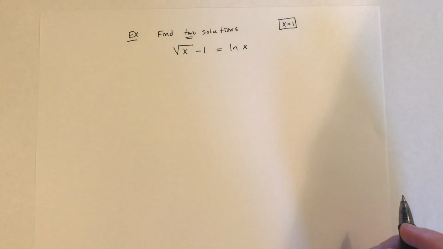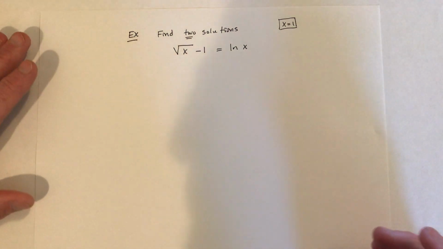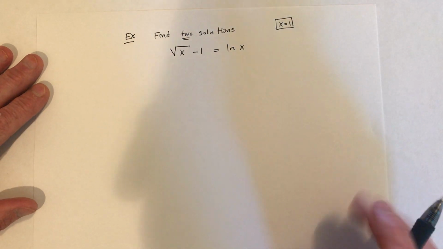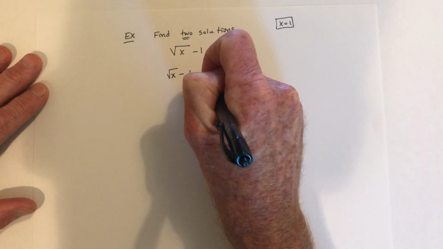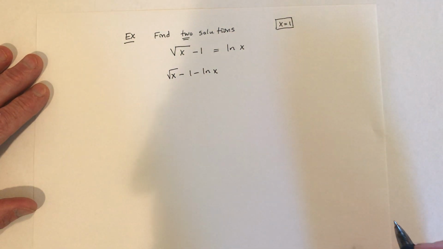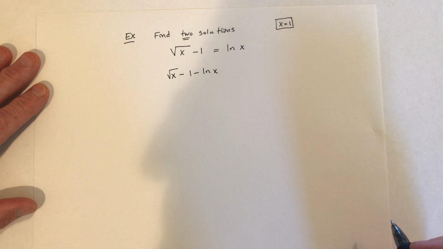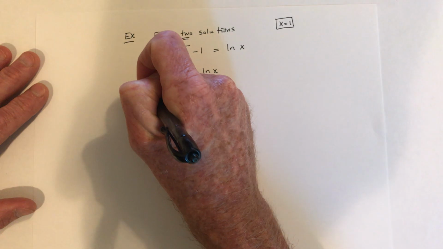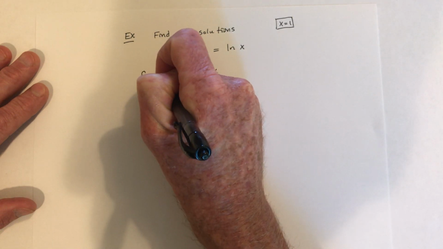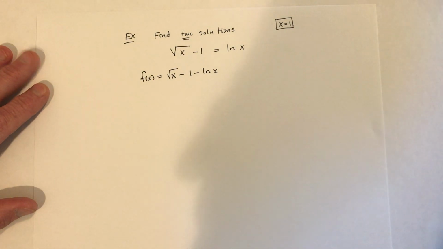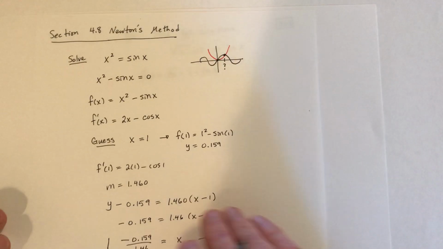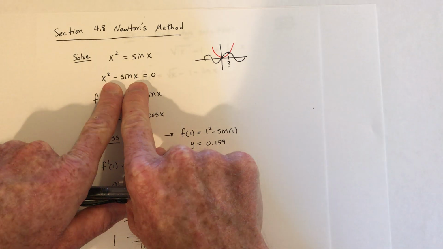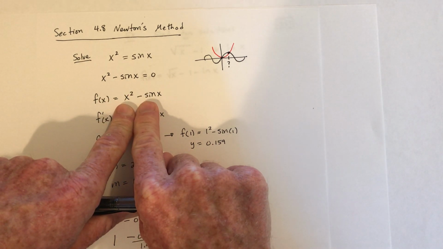Now, find another one. So the first thing to do is set it equal to 0. I'll subtract natural log of x from both sides. Then it would be equal to 0. Then the next thing is you call that function f of x. In theory, you make it equal to 0 and then you call that function f of x.